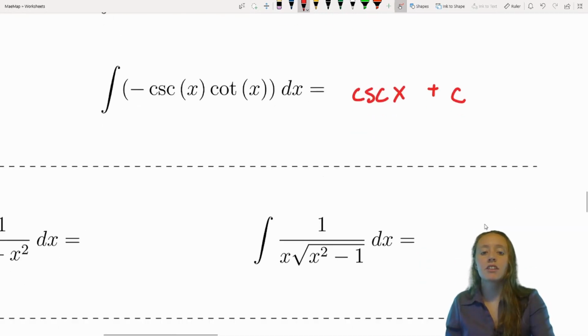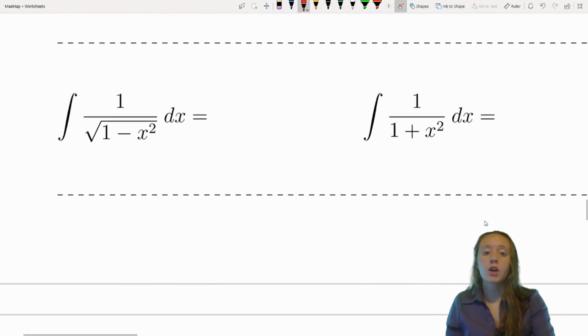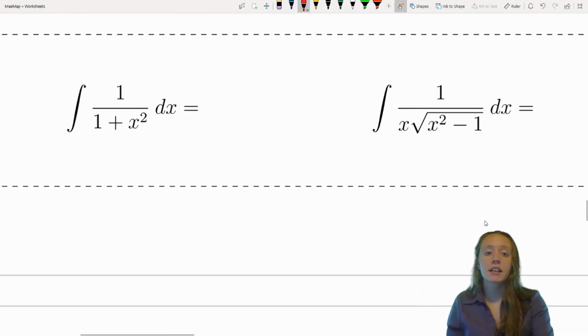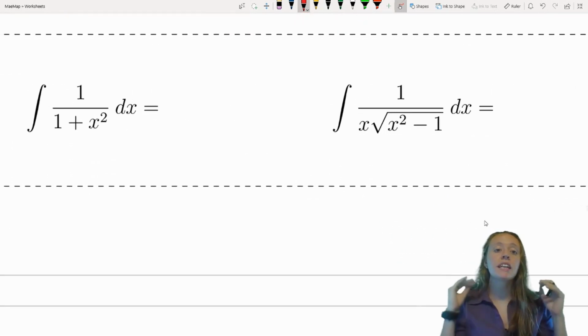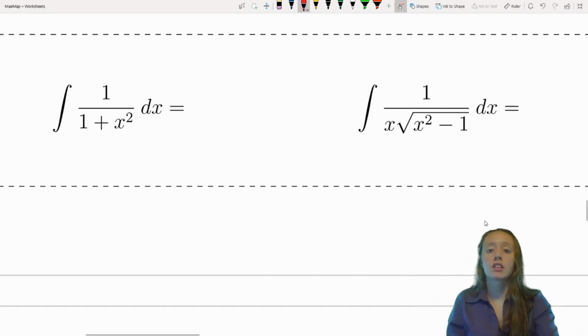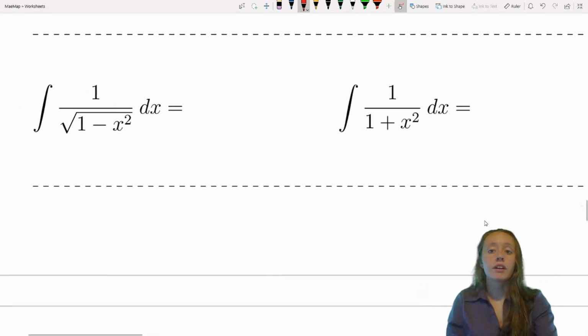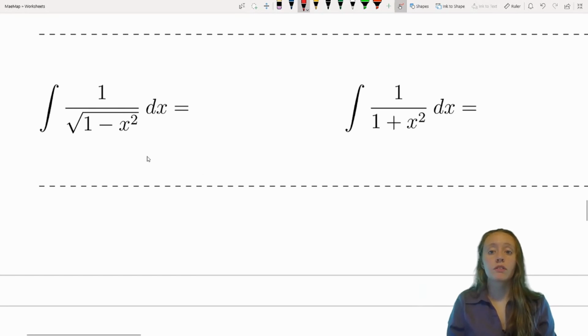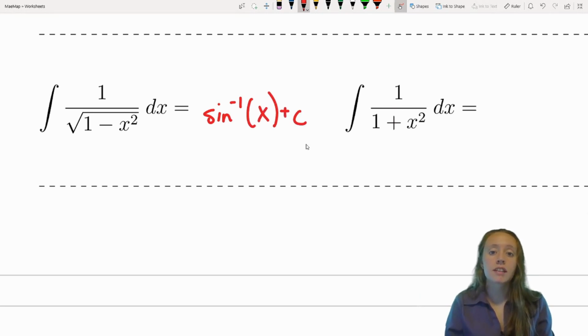Now let's take a look below. Here we have three basic functions that, when integrated, are going to give us inverse trig functions. So the integral of 1 over the square root of 1 minus x squared is going to give us the inverse sine of x plus c.